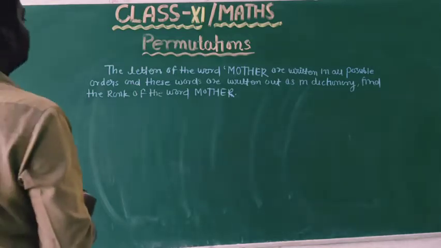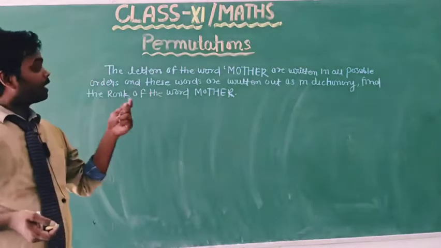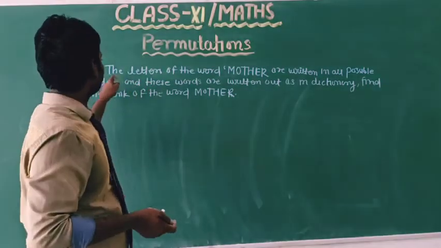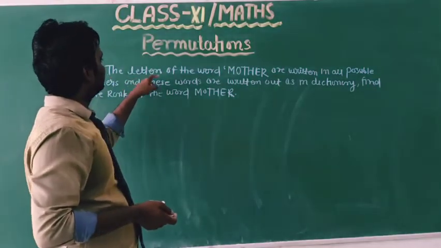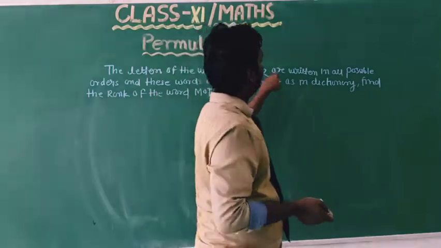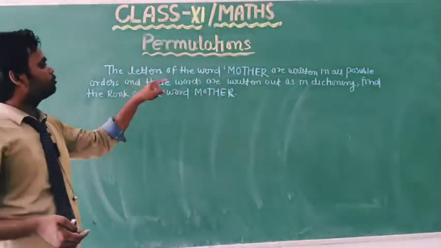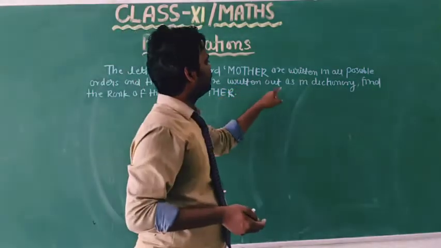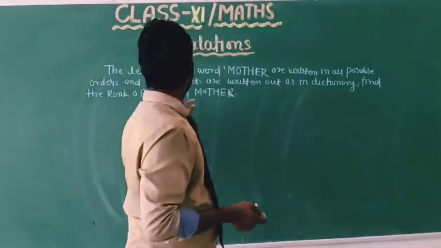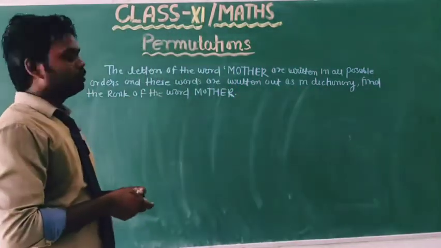Okay, so this is another example. When the letters of the word MOTHER are written in all possible orders, and these words are written out as in a dictionary, find the rank of the word MOTHER.